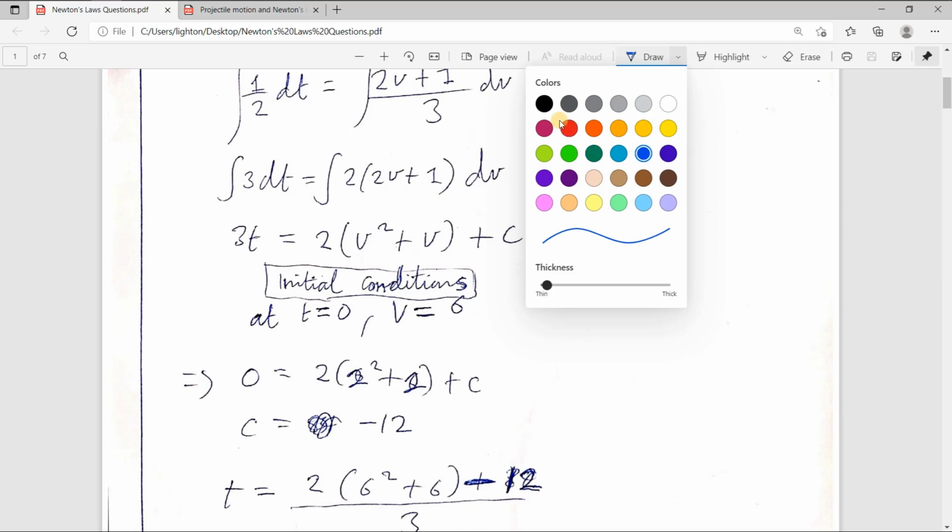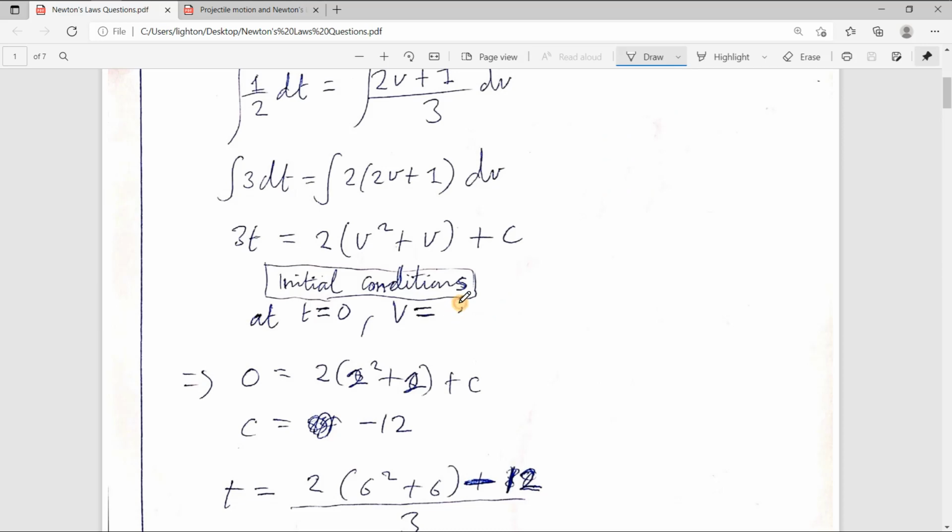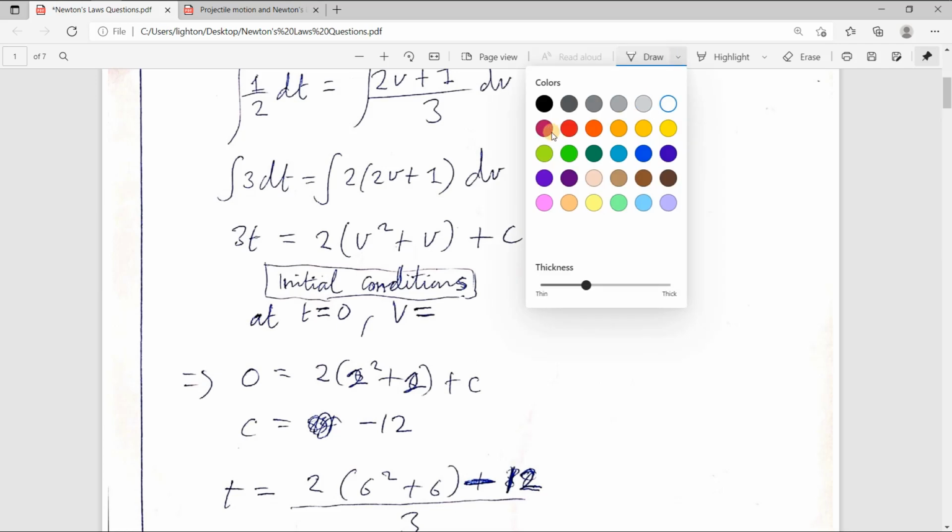So let me just use a marker, or a pen, to change this. Let's remove this 6 and say 2.